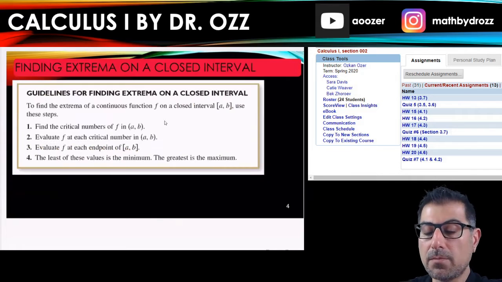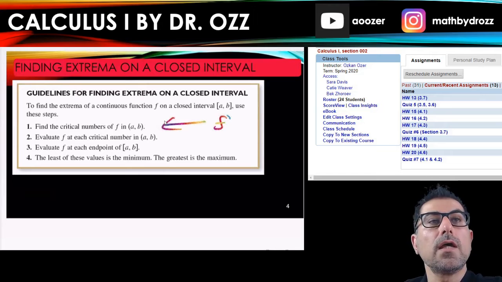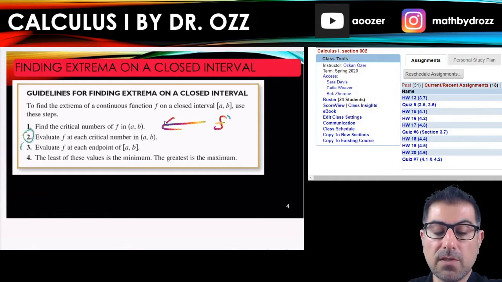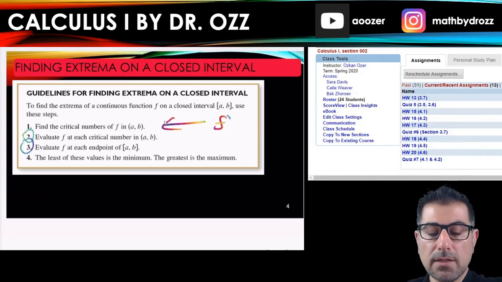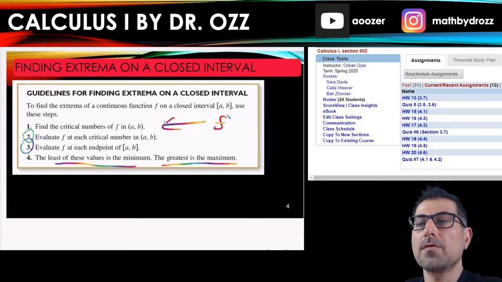So find f prime, and f prime hides the information about critical points. And you evaluate the function at the critical points, as well as the endpoints. So, numbers 2 and 3: you evaluate f at the critical points and endpoints, and the least of those values would be the minimum, and the greatest is the maximum.